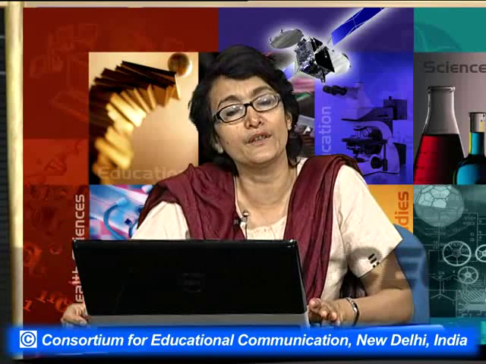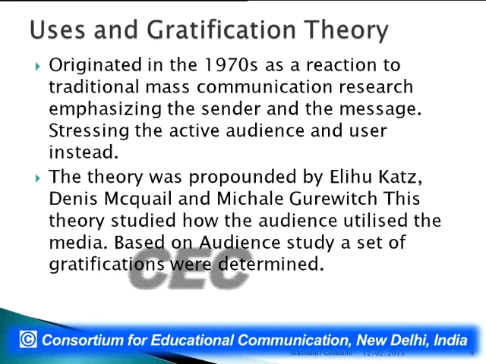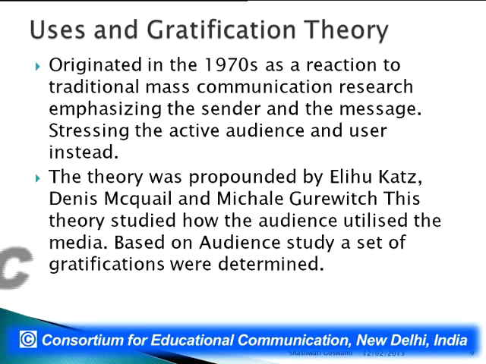I would like to go into the uses and gratification theory, which originated in the 1970s as a reaction to traditional mass communication research. It emphasized the sender and the message, and stressed the active audience and users instead. It was more looking at the people, not at the media.